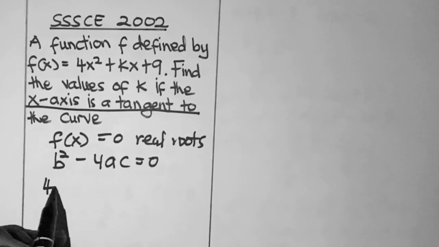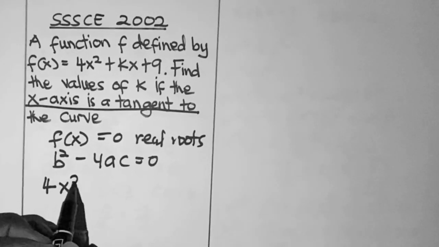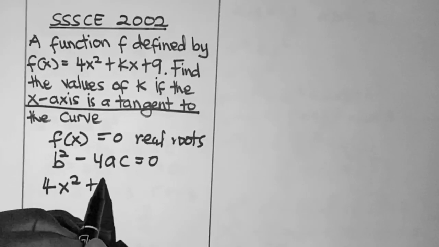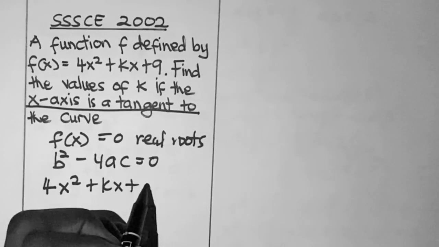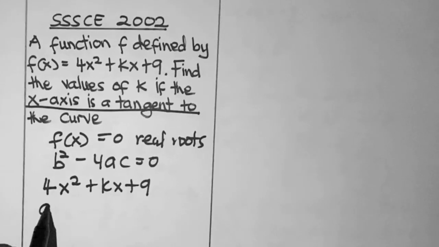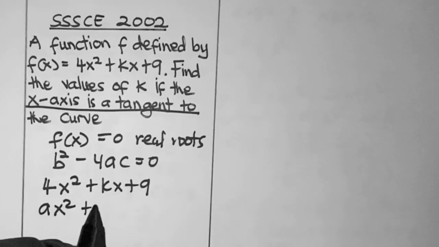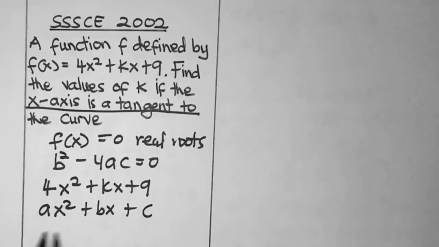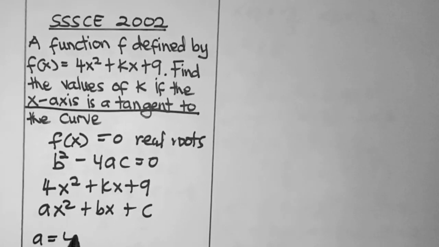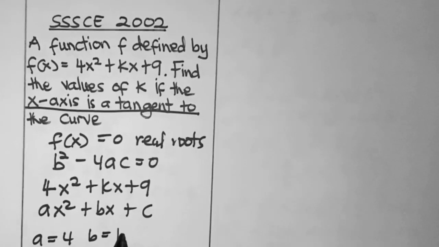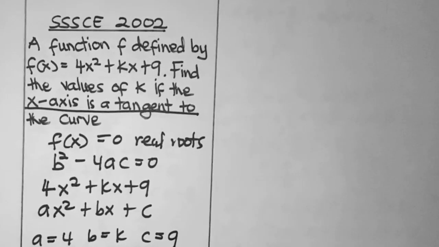So we know that the function f of x is 4x squared, then plus kx, then plus 9. So this is of the form ax squared plus bx plus c. So in this case, a is equal to 4, b is equal to k, then c is equal to 9.